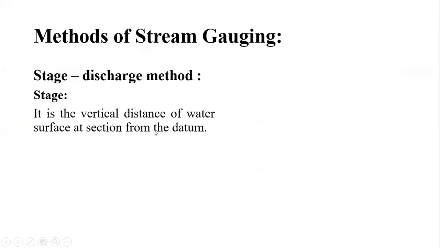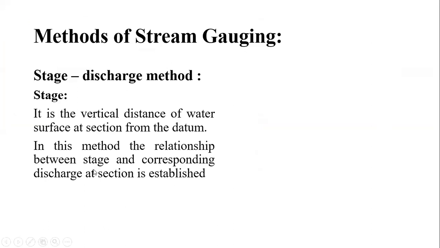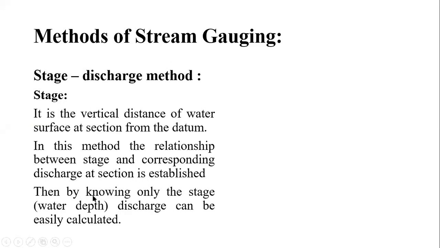It means that from that datum, whatever the height of the water is, that is considered as the stage in the river. Then the relationship between that stage and the corresponding discharge at a section is established, and by knowing only the stage, that is the height, it is easy to calculate the discharge at that particular section and at that particular depth.